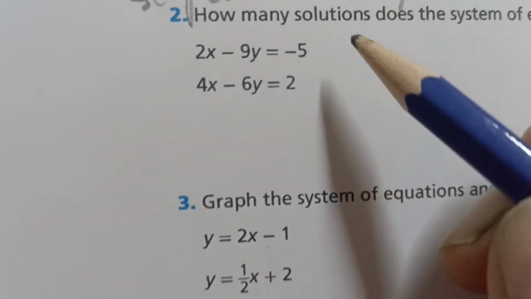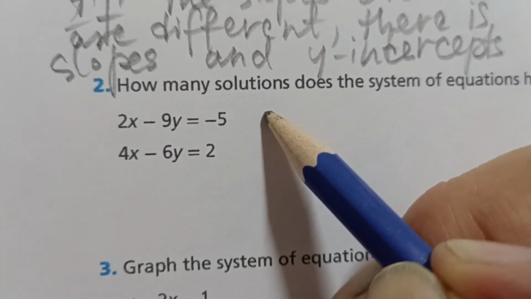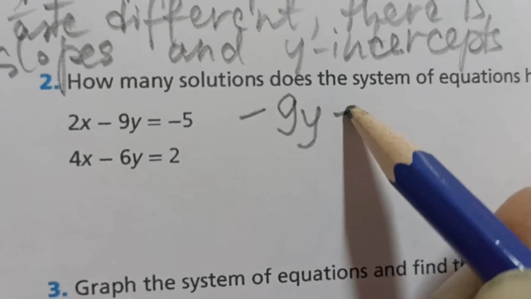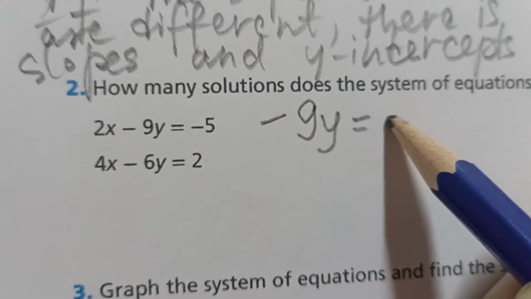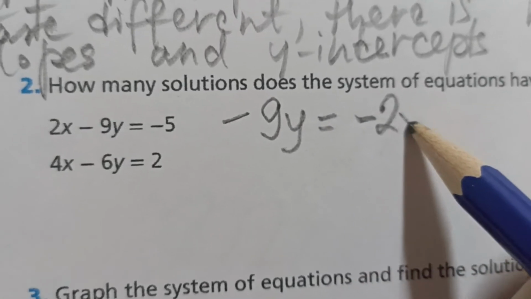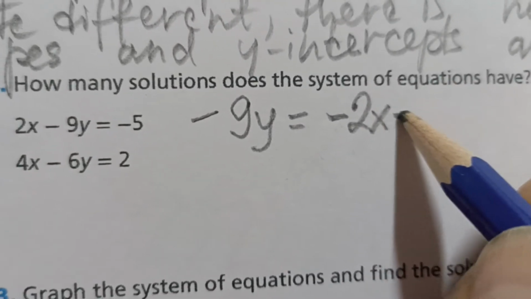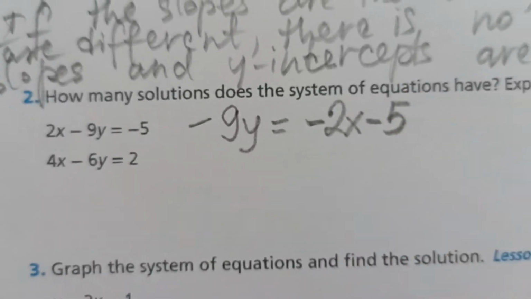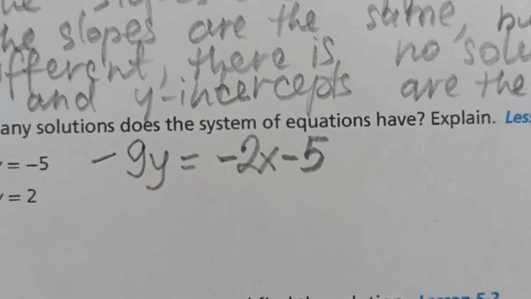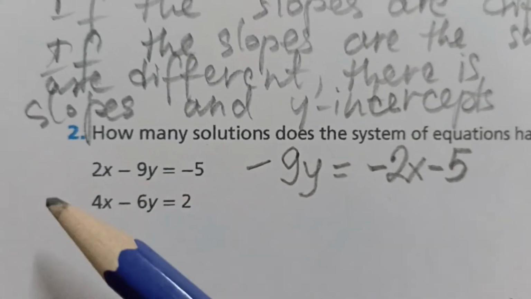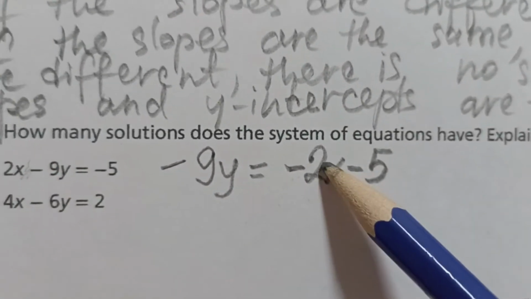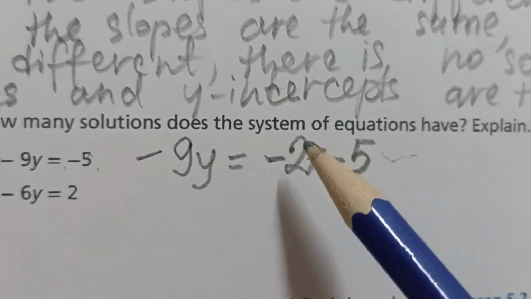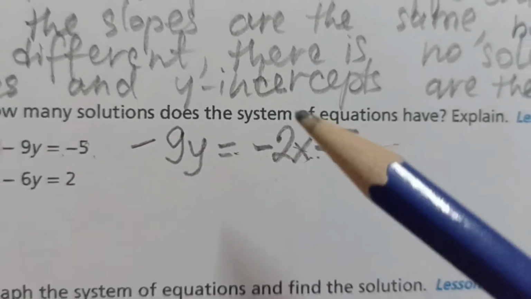Okay, so equation number one. First we leave the y part on one side, then we move x to this side. So we get like this. Because 2x you moved, it becomes minus 2x, but minus 5 you just copy. It's already here after the equal sign.